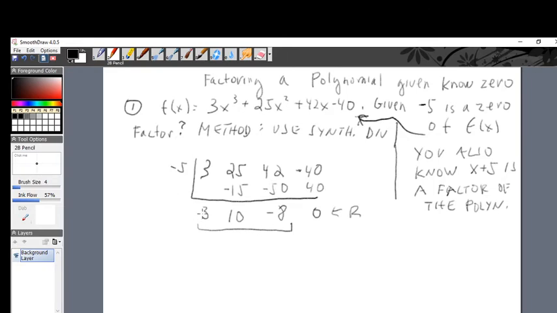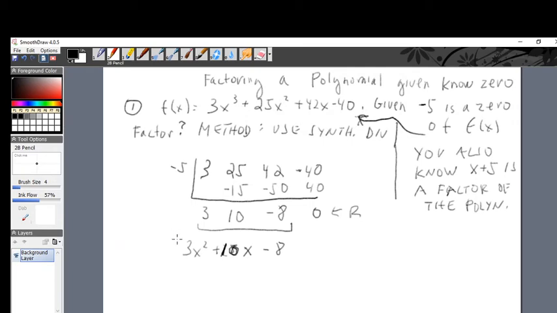This 3, don't forget, is 1 less than the x cubed, so it's going to be 3x squared. This is going to be 10x. And this is going to be minus 8. Okay, and there's no remainder.